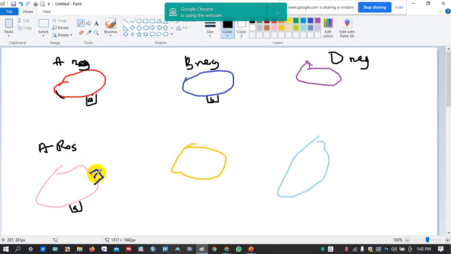So RH, that's also an antigen. Then you go to B positive. B positive has B as an antigen, then RH also here. Then O positive. O positive has no AB group but has only the RH.